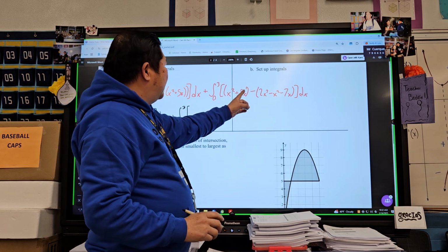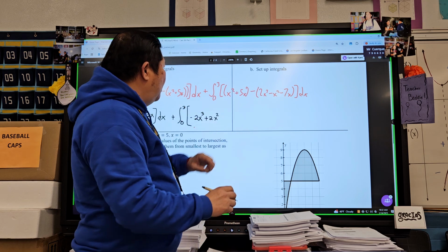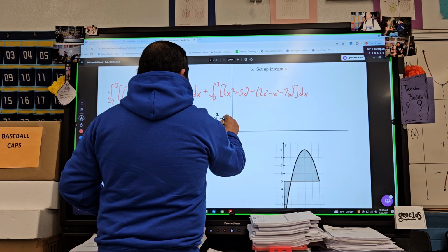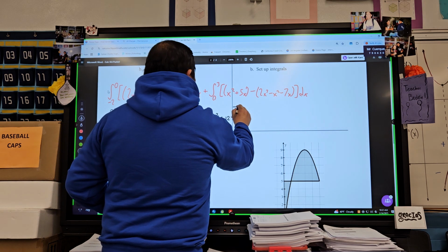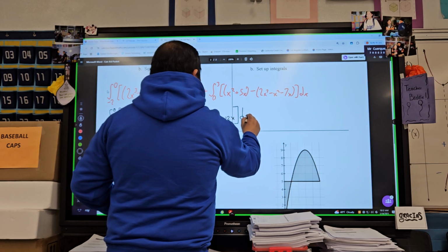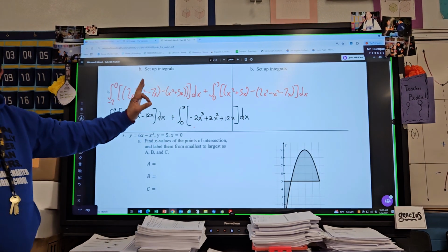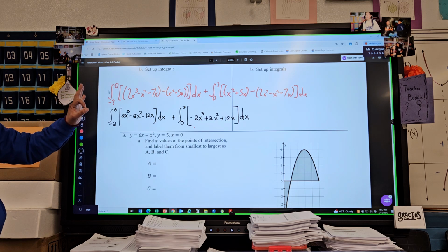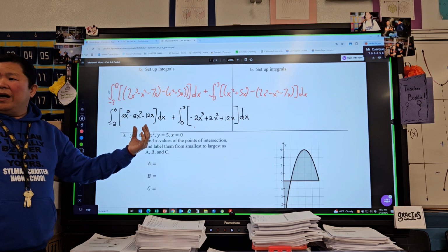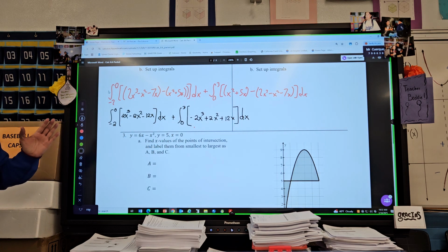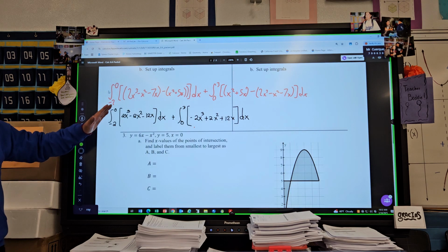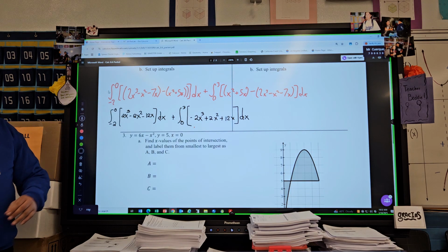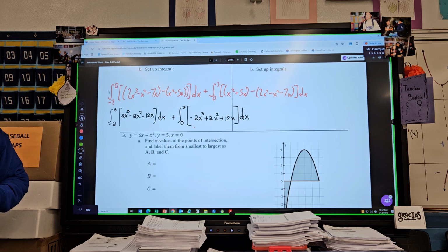And then this turns positive, so plus 12x, and then dx. This is now for you to earn 3 points. Okay? So it must be in simplified form now. Setting up the equation, and that's it. You don't have to solve for the area. Okay? Am I clear, guys?